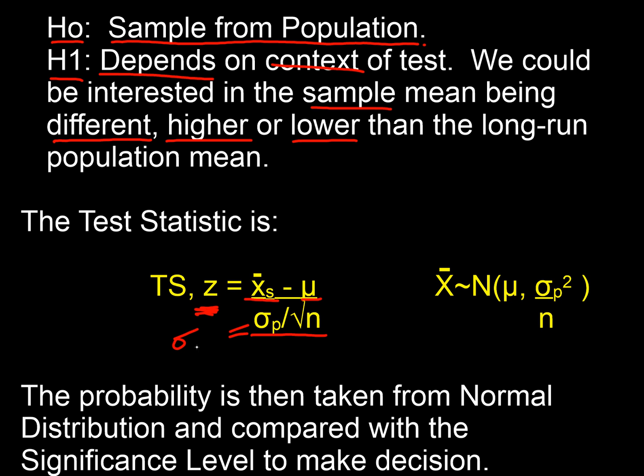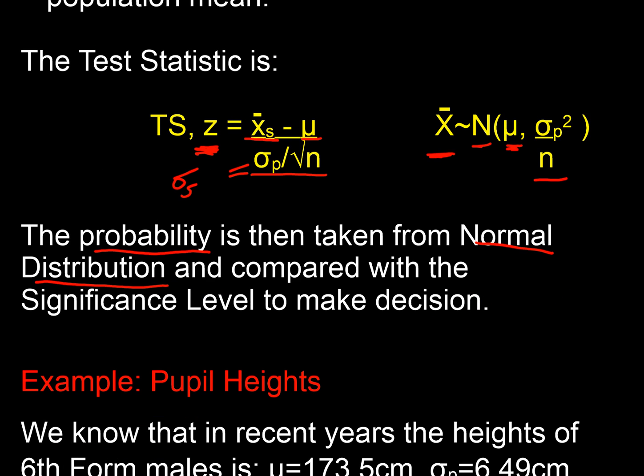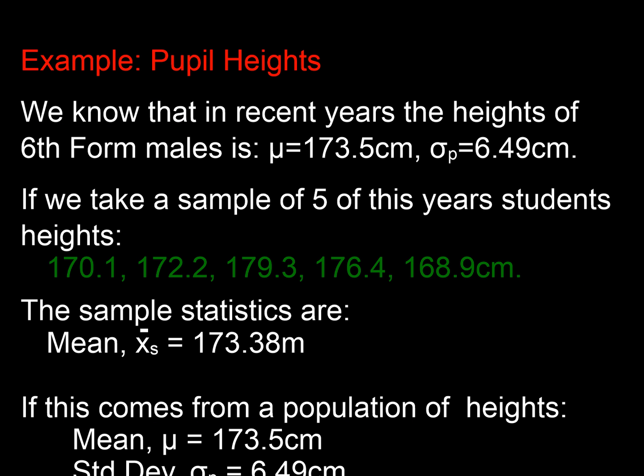We know that the standard deviation of the sample mean is sigma p over root n, because what we're basically doing is modelling our sample means as being normal, with the mean being the population mean and the standard deviation being sigma p over root n, which we'd write as a square in here as a variance in the normal. Then we use our probabilities from the normal distribution to compare with our significance level to make a decision. Okay, let's have a look at our example.